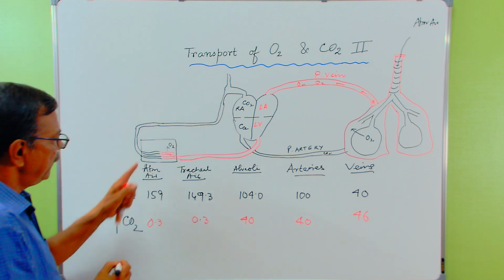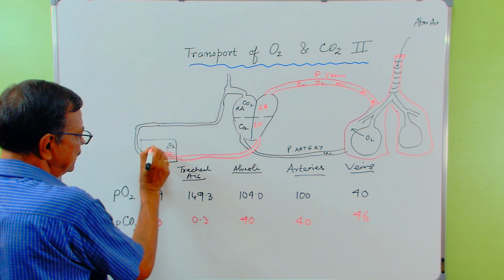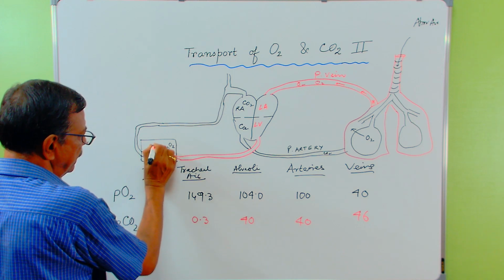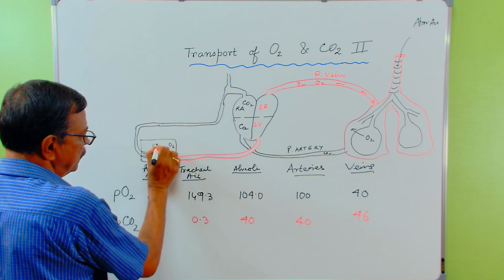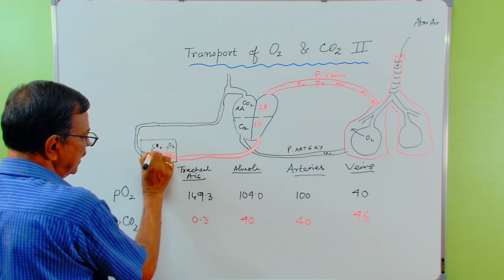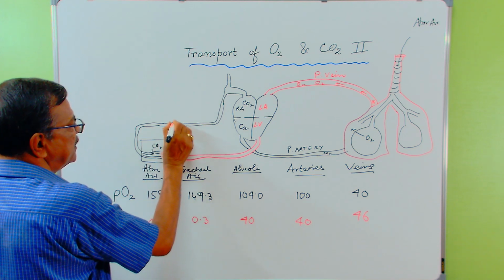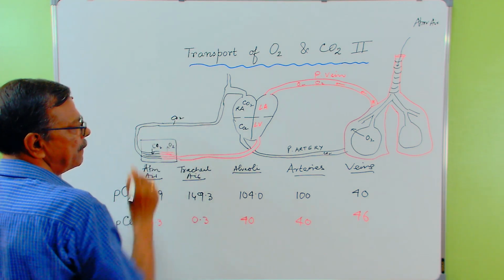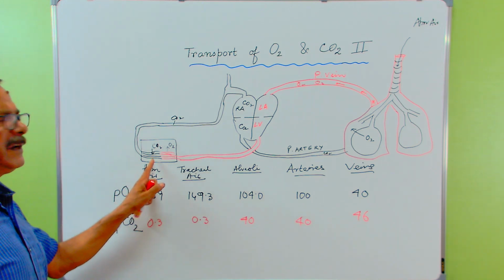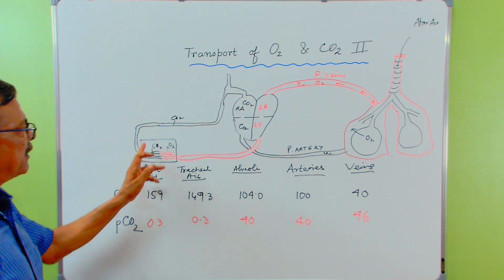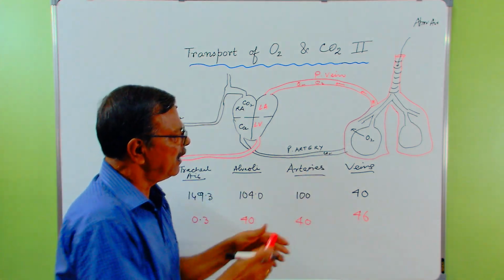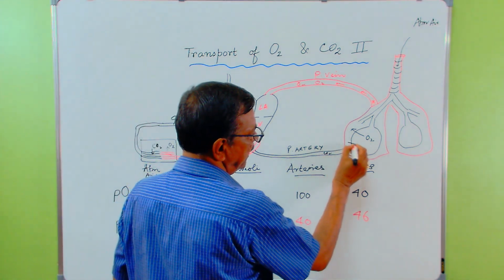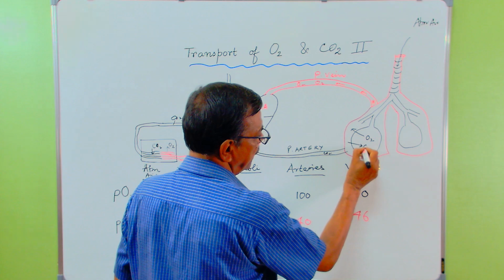Now, here CO2 is produced by oxidation of foodstuff. CO2 goes inside. This is rich in CO2. So this is the entry point of carbon dioxide, and from here the carbon dioxide goes into here.